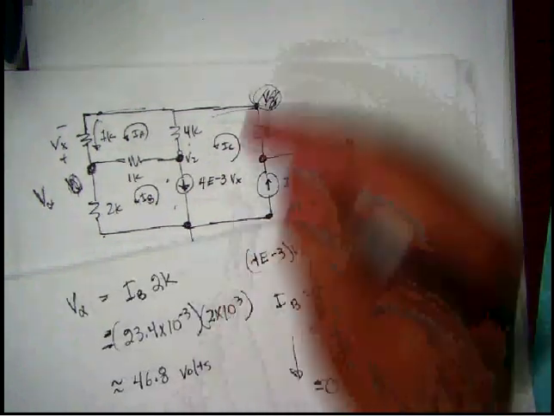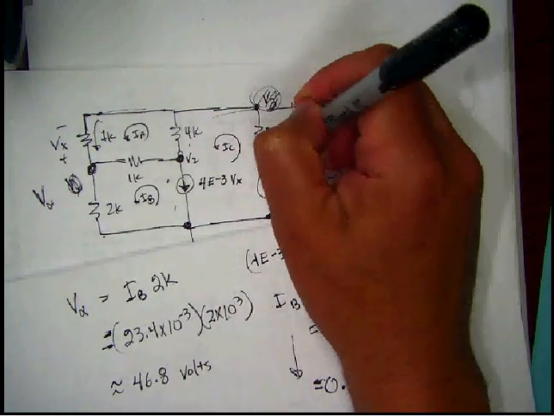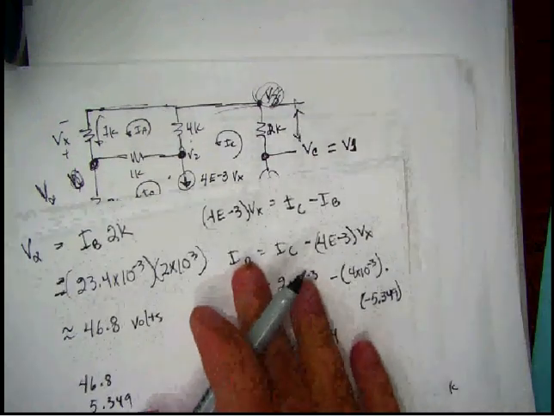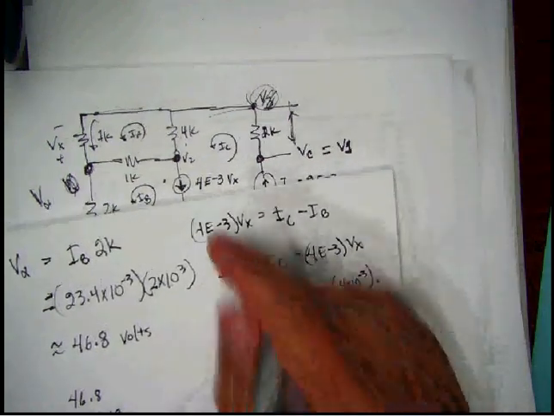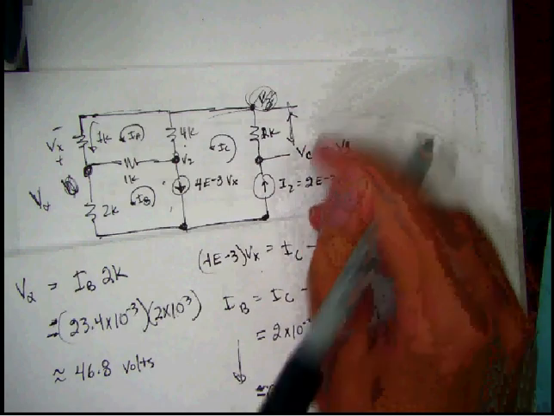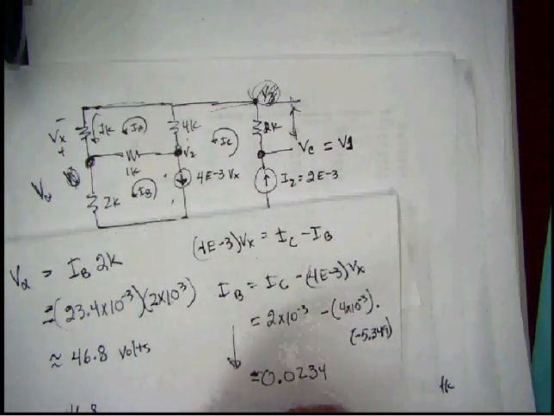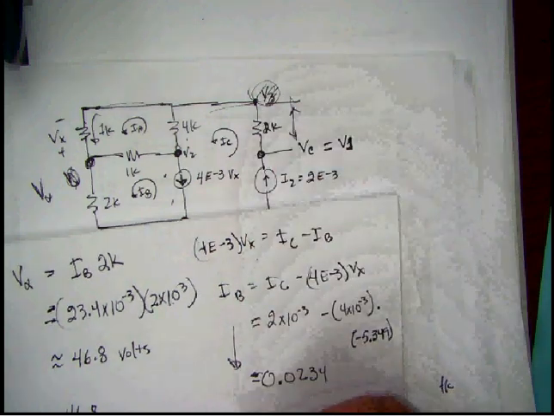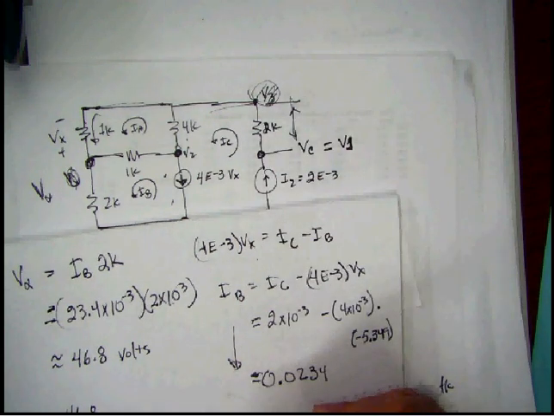And so to figure out this voltage difference, we will take just the current IC, which we know is I2. So it's 2 times 10 to the minus 3 times the 2K resistor, 2 times 10 to the 3.